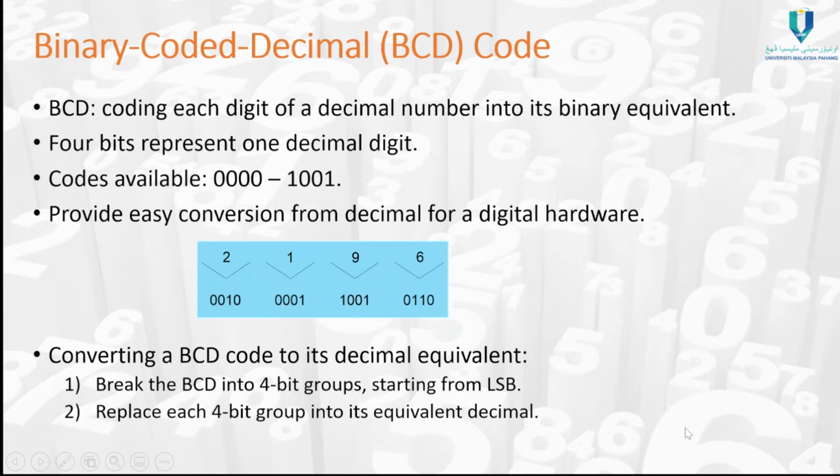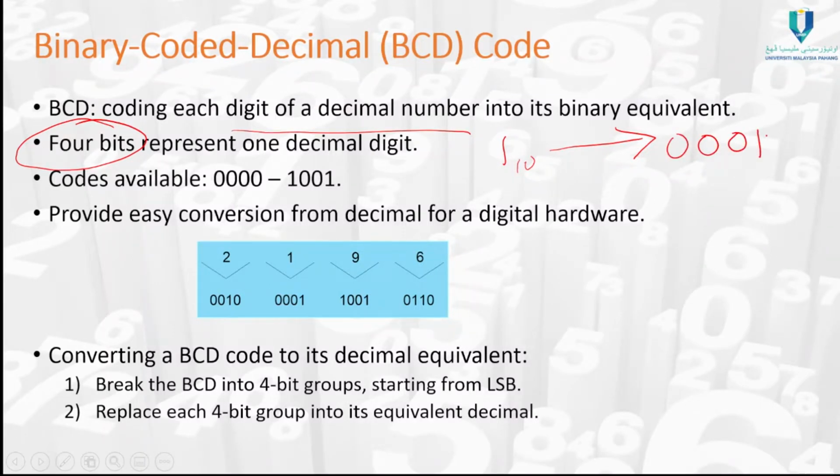In BCD codes, each digit of a decimal number is converted into its binary equivalent by using 4 bits only. For example, if I have number 1 in decimal, it will be represented as 0001 in BCD.